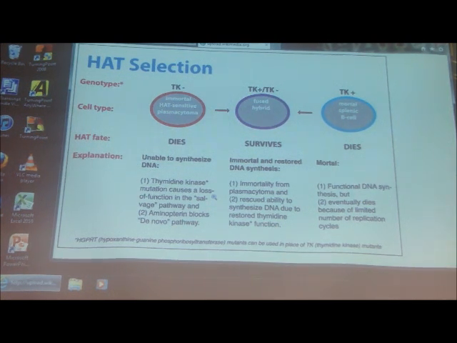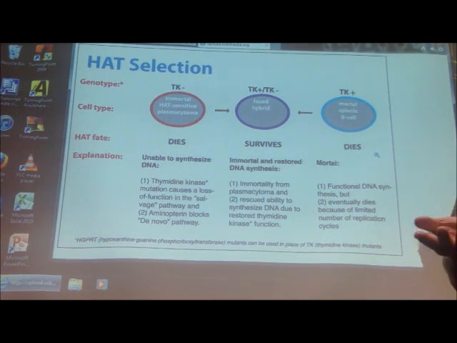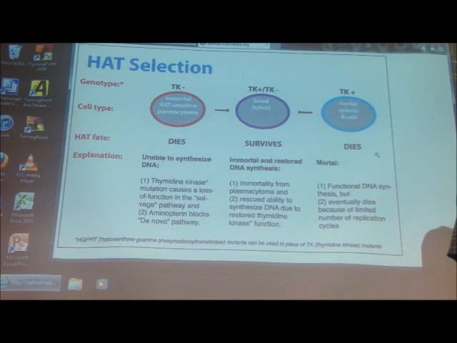Hypoxanthine is just a couple steps away from becoming an A or a G. So if you give these normal cells, these mortal splenic cells, HAT medium, they will not be able to make nucleotides from scratch, but from hypoxanthine, they can make A's and G's because they have all the normal enzymes they need. Thymidine is supplied because you don't want to destroy the thymidine pathway. So you just give it the thymidine, and from there you can make cytosine very easily.